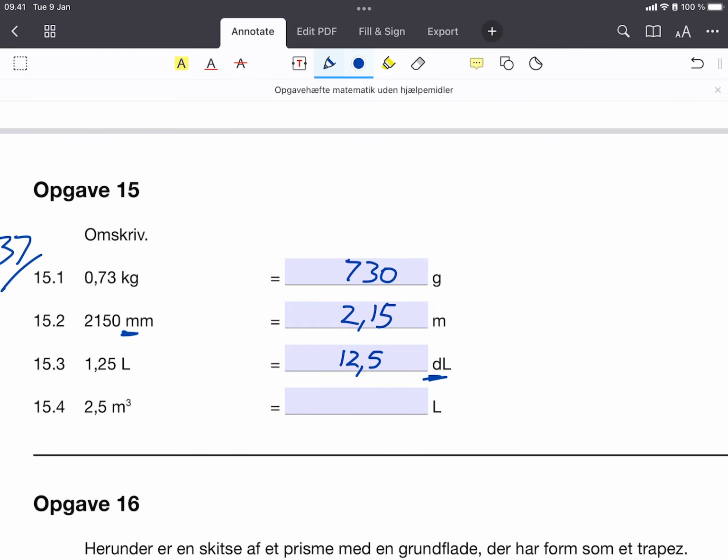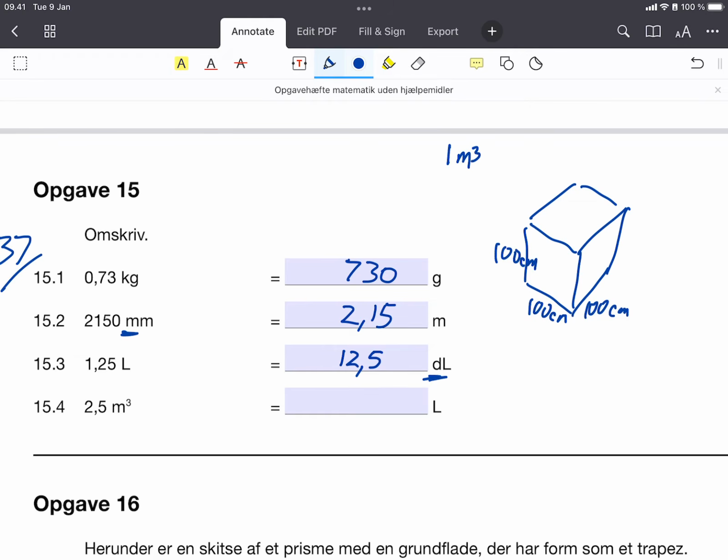Now, this kind of relates to what I said in the previous question about length and area and volume. So a meter cubed is a meter by a meter by a meter. If you put that in centimeters, that's 100 centimeters times 100 centimeters times 100 centimeters. 100 times 100 times 100 makes a million.